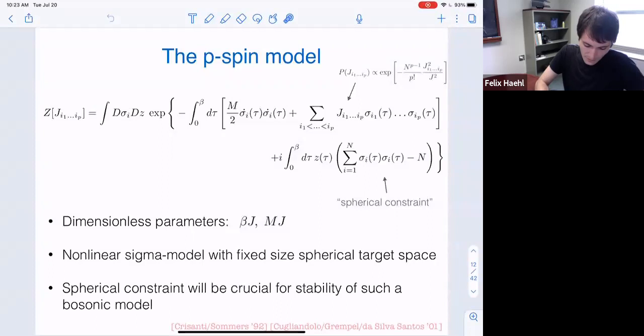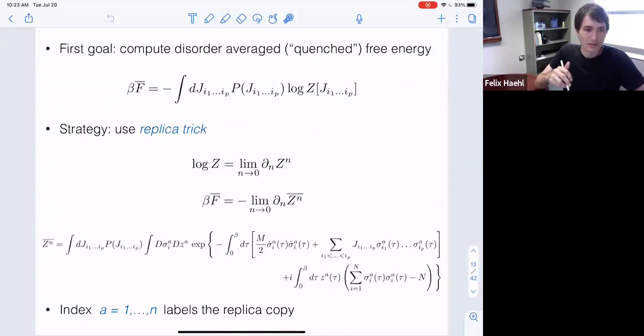Good. Now, the first thing we need to do if we want to study thermodynamics or the effective large N theory is to compute an effective action or a free energy. And the tricky thing is that we, of course, need to compute the disorder averaged free energy.